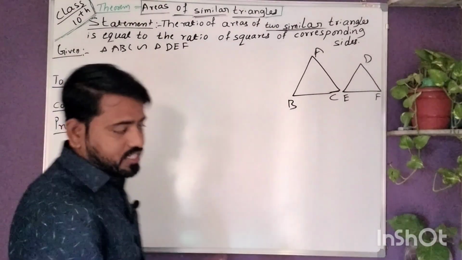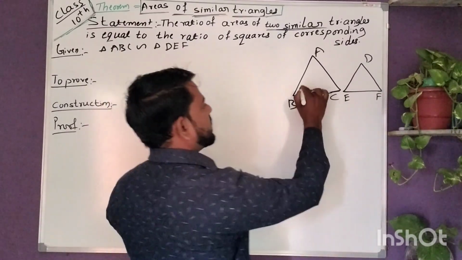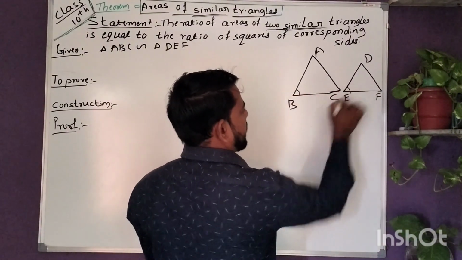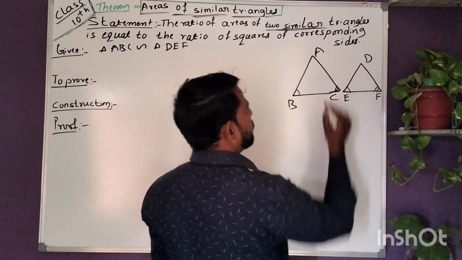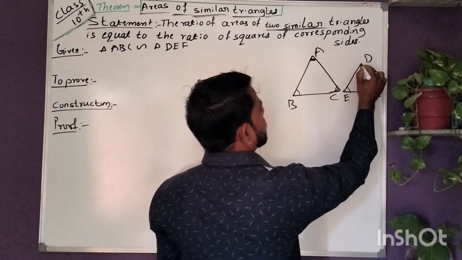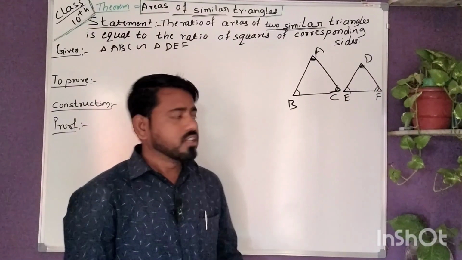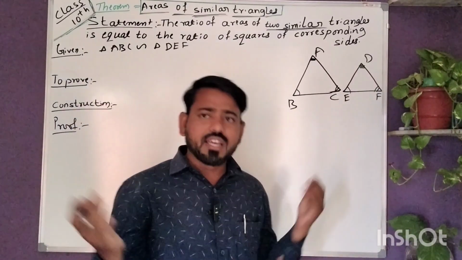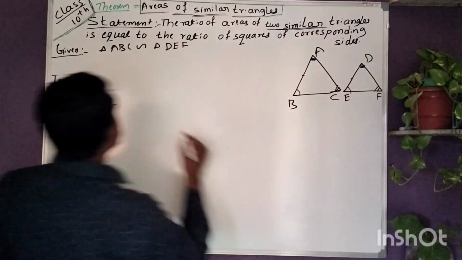If the two triangles are similar, it means their corresponding angles are equal and corresponding sides are in proportion. Angle B corresponds to angle E, angle C corresponds to angle F, and angle A corresponds to angle D. The corresponding sides are the sides opposite to equal angles. So AB corresponds to DE.